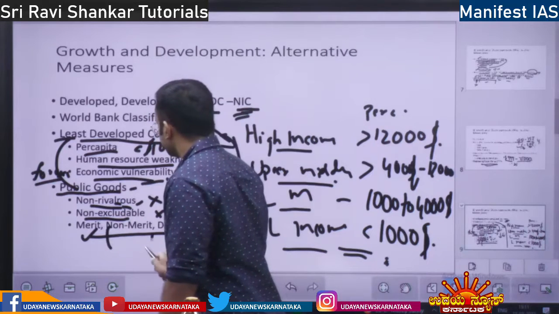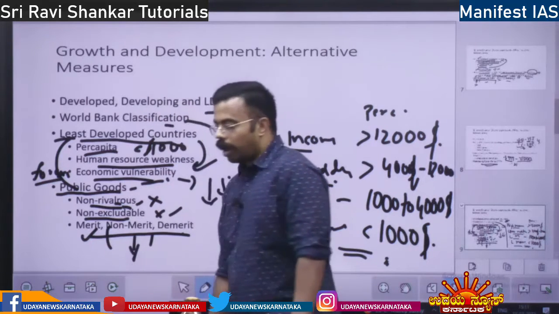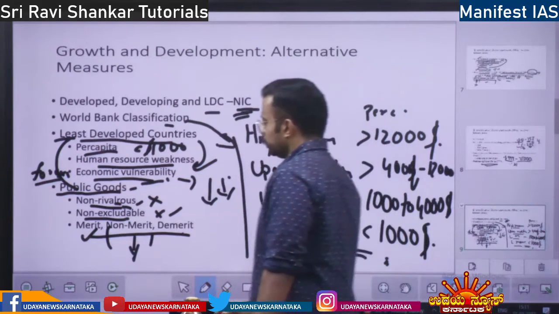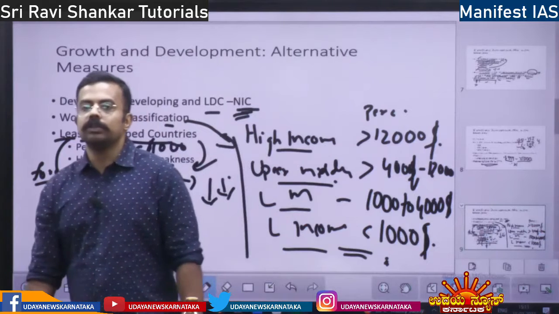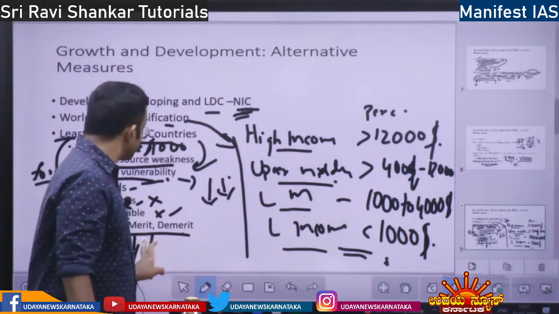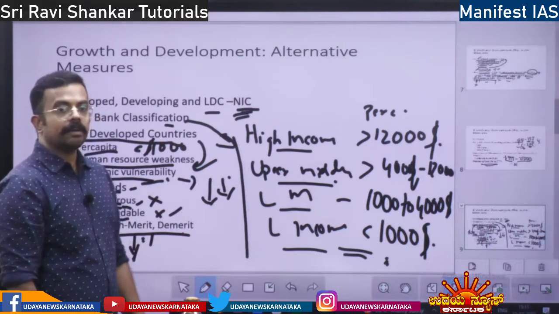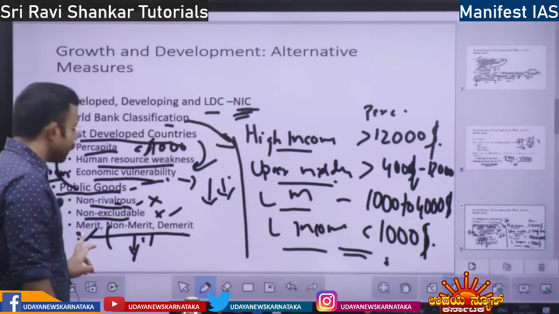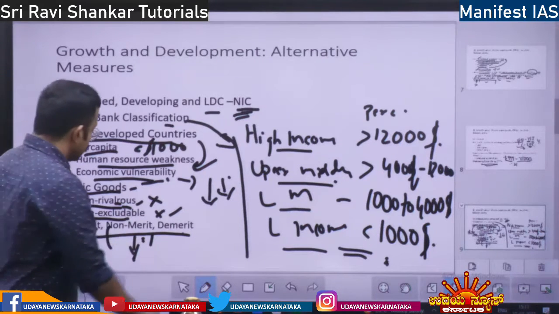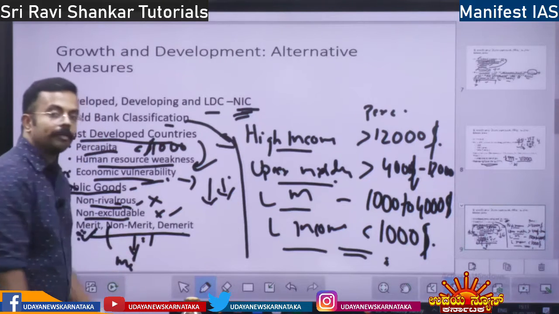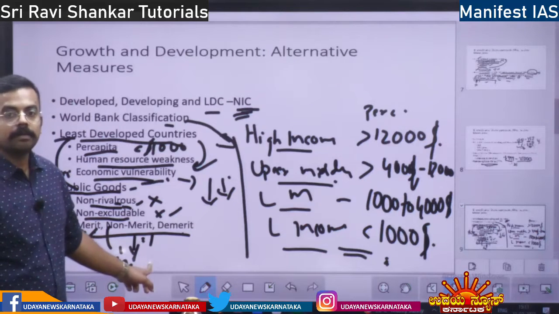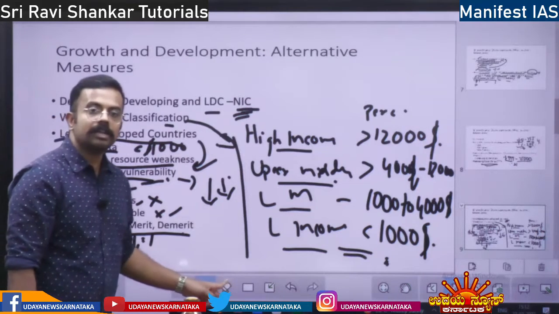Now non-merit goods. Non-merit does not have a bad connotation, but those who have money, only they can afford them. So in education, Samagra Shiksha, government education, is a merit good, whereas medical education is a non-merit good, because only those who have money can access higher education or medical education.